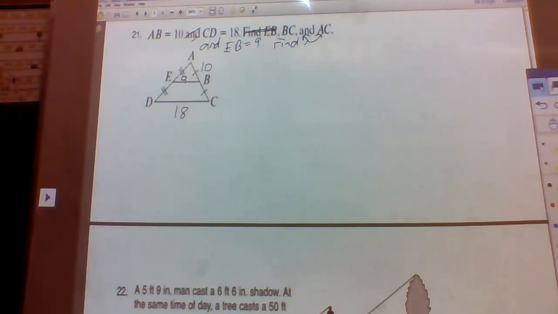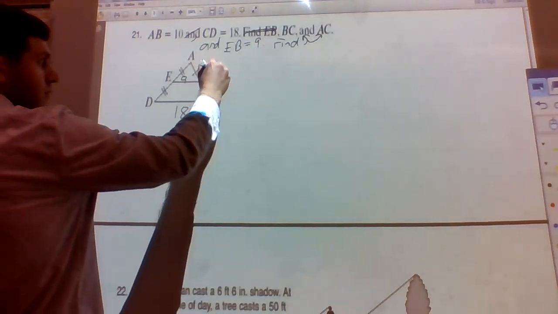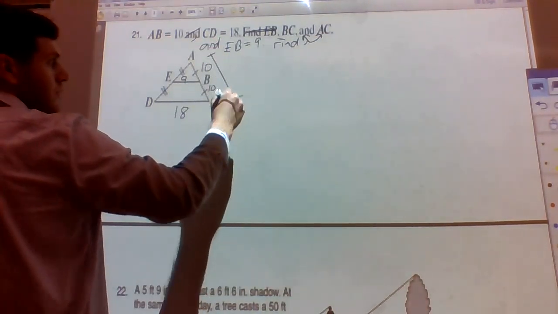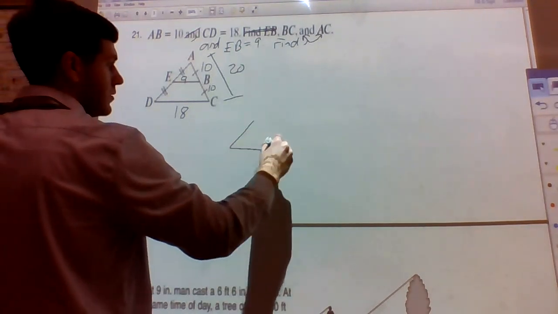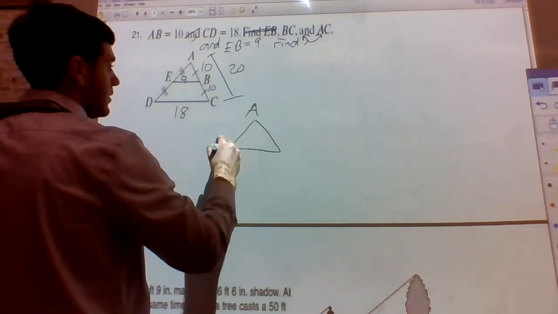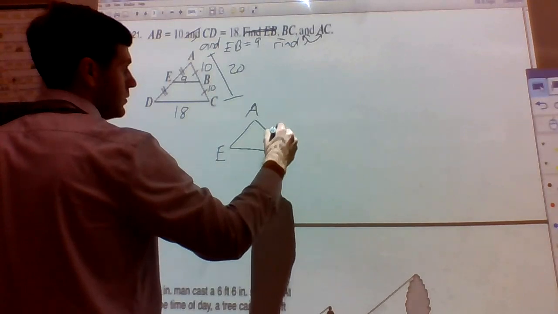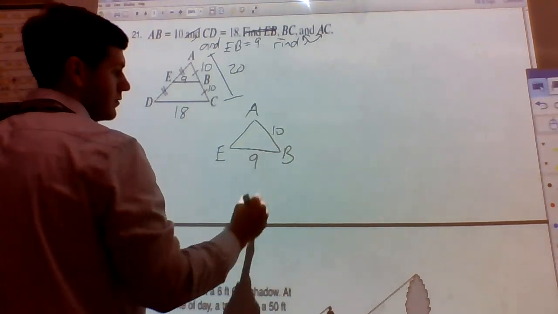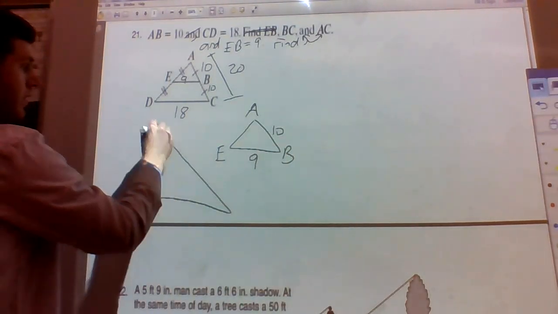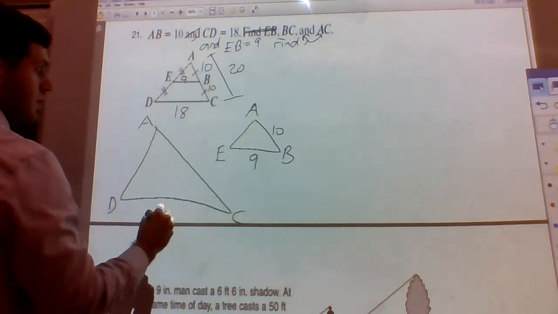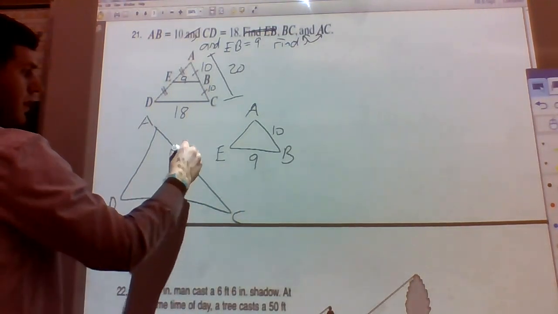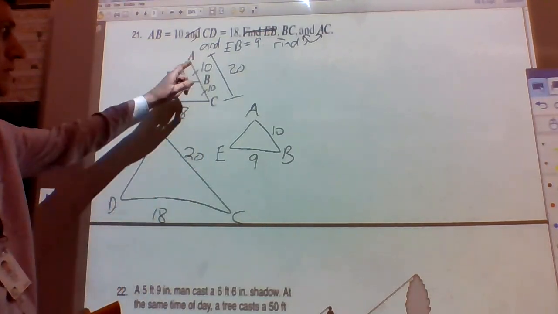Okay, well, we know BC is also 10, so we know AC is going to be 20, right? So let's draw them out. A, E, B, we know is 10 and 9. Okay, then the large triangle, ABC, we know is 18, and we know this side's going to be 20 because 10 and 10, right?